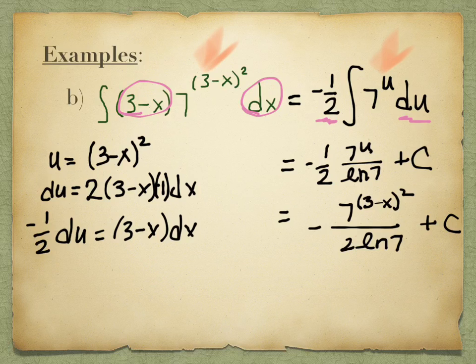This is finished. This is correct. I want to show you one other step that you might see the book take that would also be correct. You could see this written as negative, and then the 7 to the 3 minus x quantity squared, over ln 49.